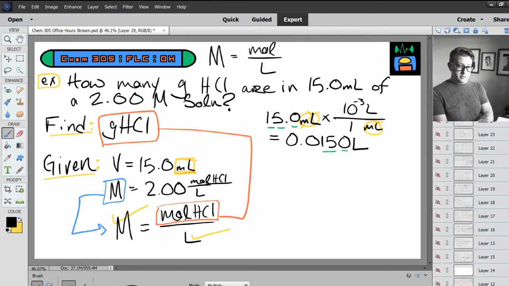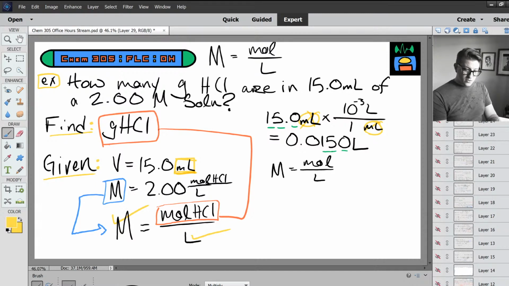Now that we know our volume in liters, we can take our equation, molarity equals moles over liters, and solve for moles. Let's multiply both sides by our volume.